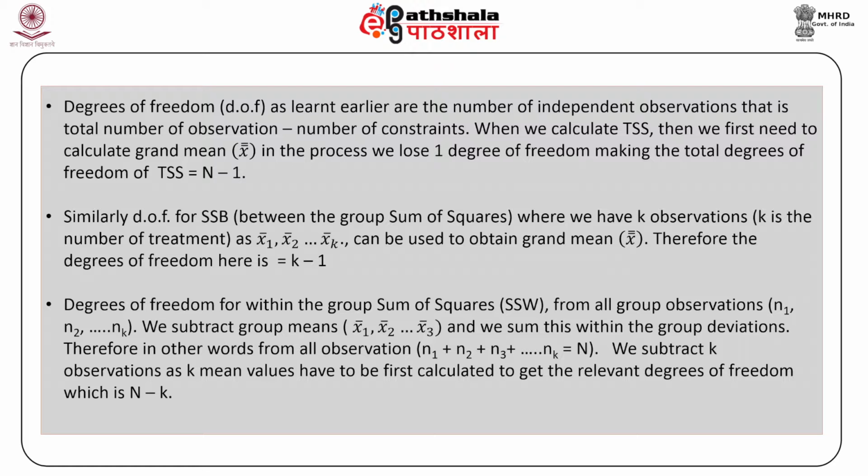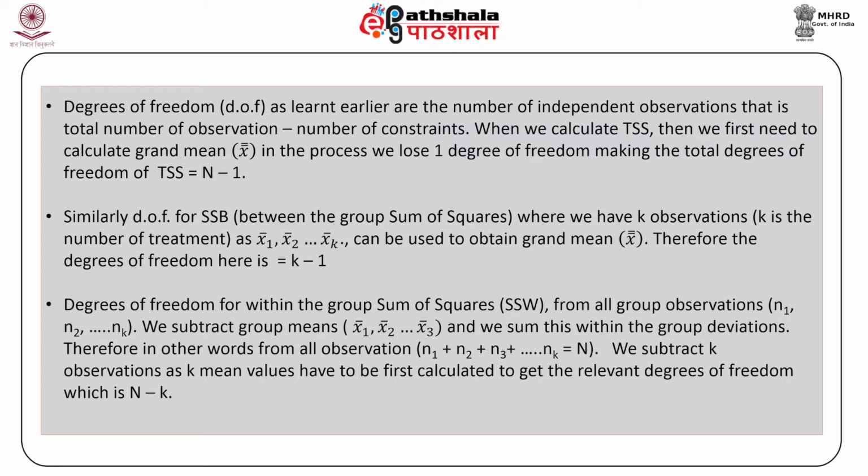In the process, we lose 1 degree of freedom, making the total degrees of freedom of TSS equal to N minus 1. Similarly, for the degrees of freedom of SSB, the between the group sum of squares, we have K observations, where K is the number of treatments, as X1 bar, X2 bar, up to Xk bar, and we can see that these can be used to obtain the grand mean X double bar.